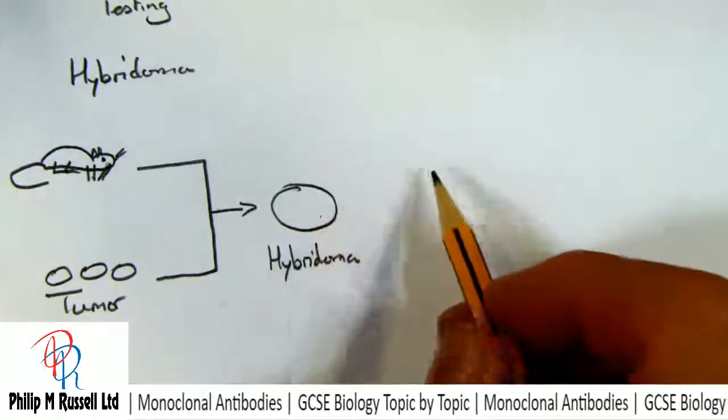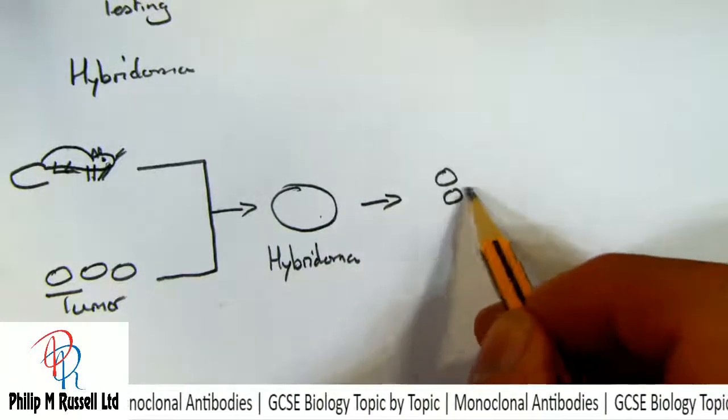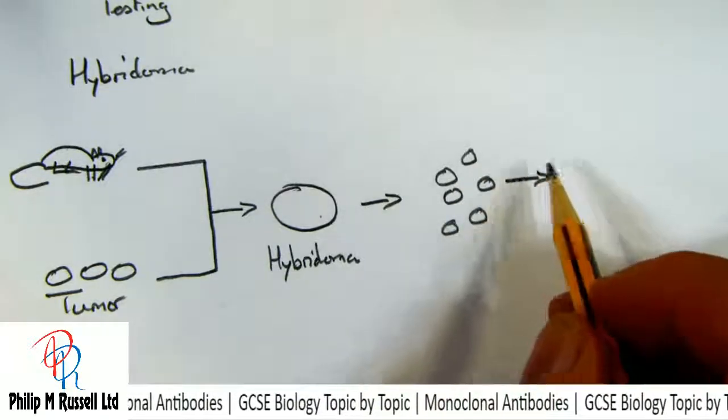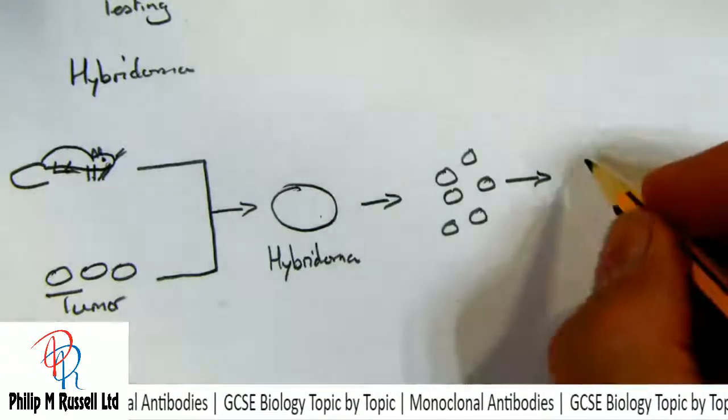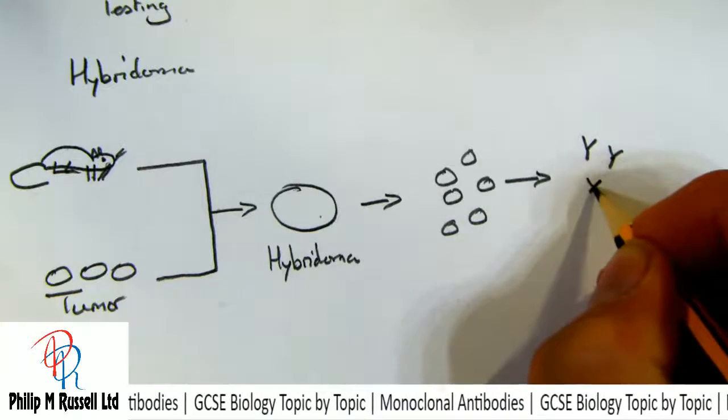This then can divide and divide and divide and divide, and each of these cells is producing these little antibodies.